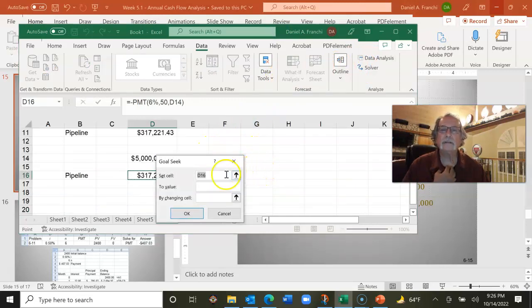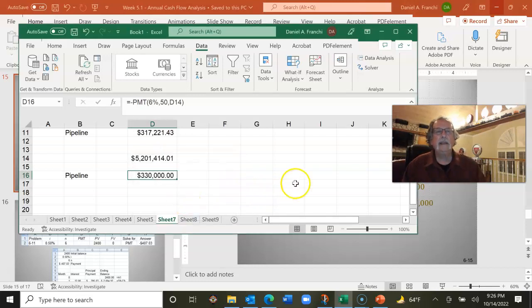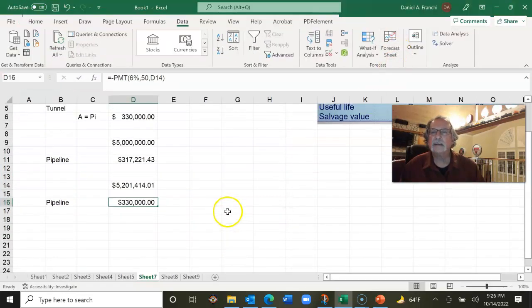And what I want to do is set this cell right here to $330,000 by changing this cell here. And let's interpret this. What this is saying, this is with goal seek.